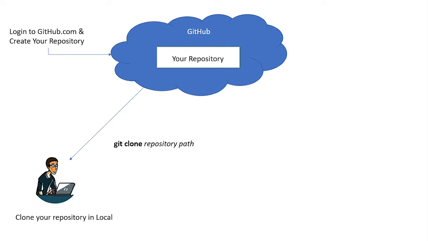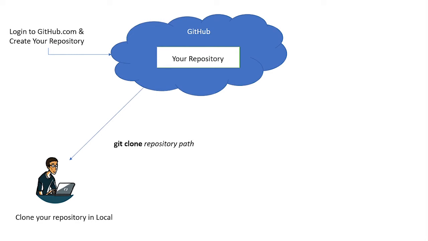So the storage that you have created in the github.com, that you're going to clone it in your local path, which in turn called as local repository. So there is always a connection between your local repository and your remote repository. The local repository is a clone of, or a copy of, your remote repository.